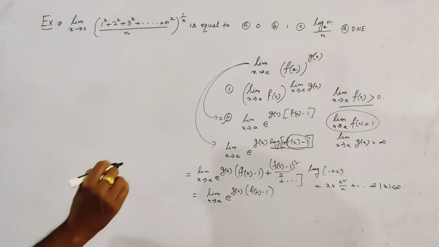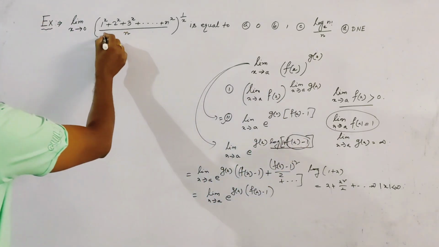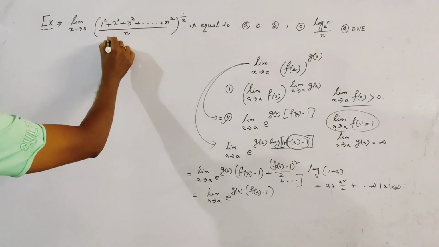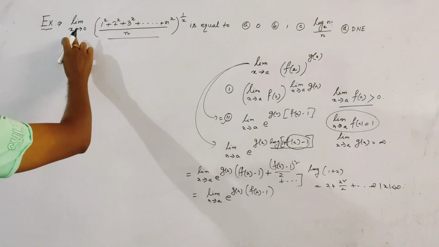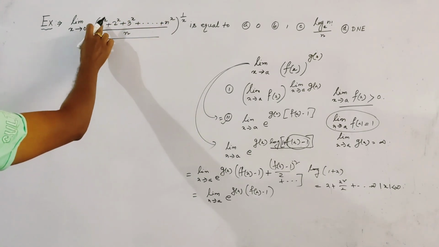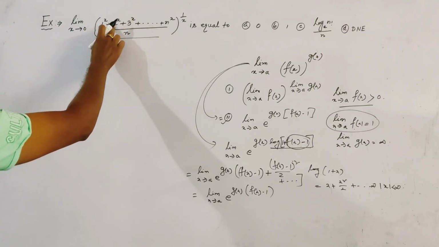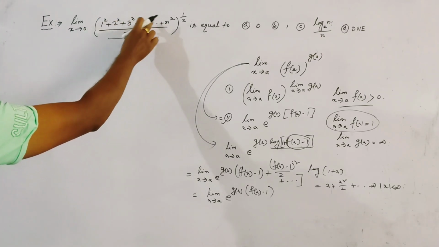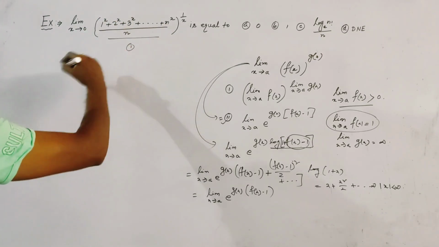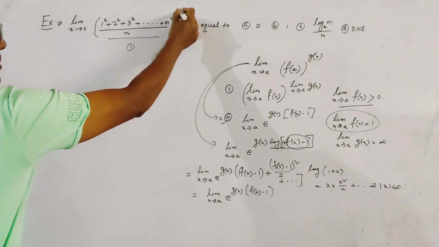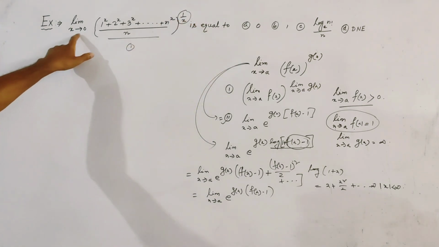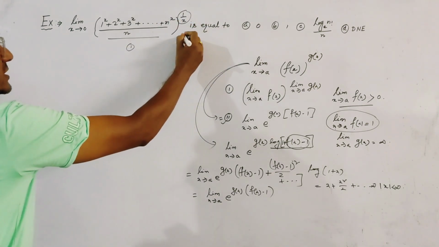Here, clearly if we put x equal to 0 in the function f(x), we get (1 + 1 + 1 + and so on, n times) by n, which is equal to 1. And if we take the limit of 1 by x as x tends to 0, we get infinity.